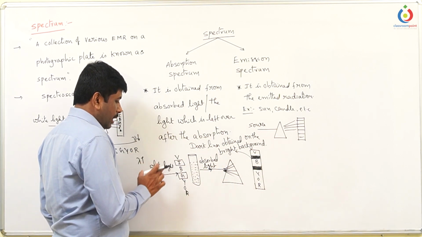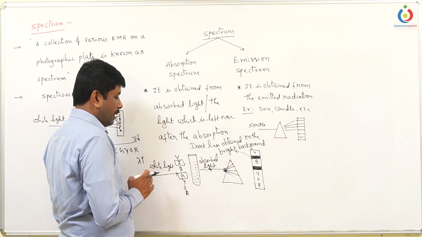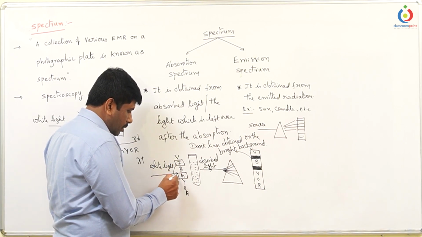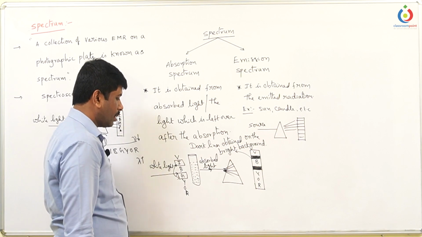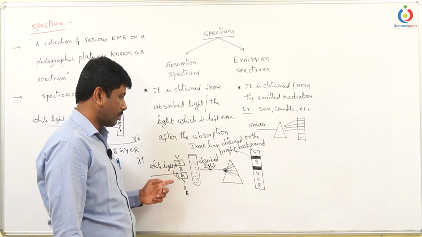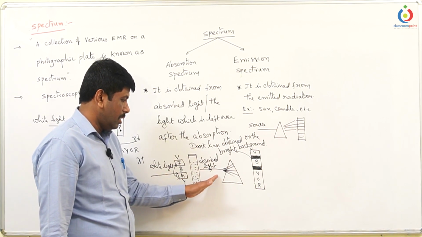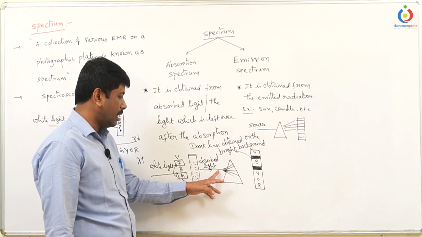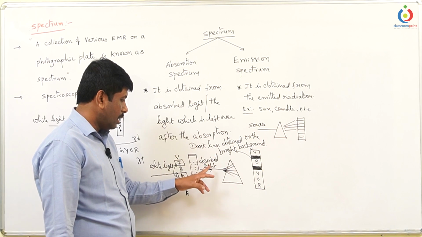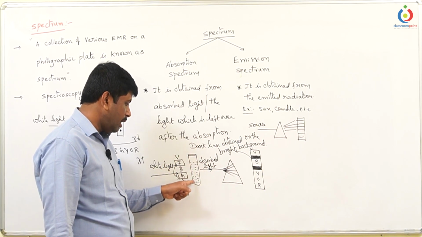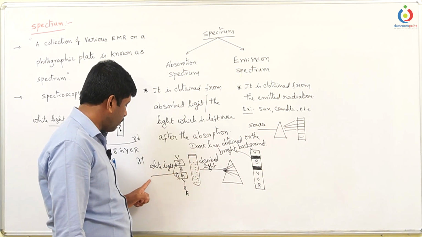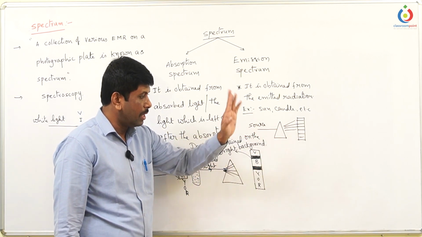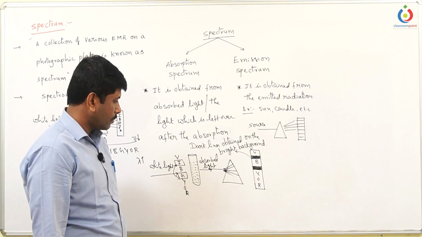Then when it comes to the absorption spectrum, two colors, both indigo and green, have been removed. Now, can we call this spectrum also an emission spectrum? We cannot call this light emitted light. Why? Because this light is coming through some absorbing material, not directly from the source. Here the source light is directly hitting the prism.